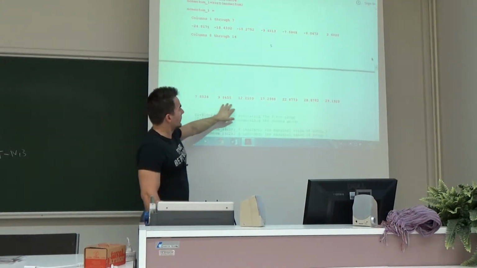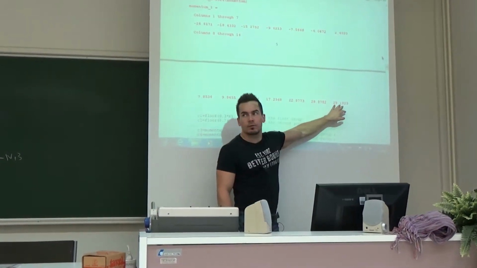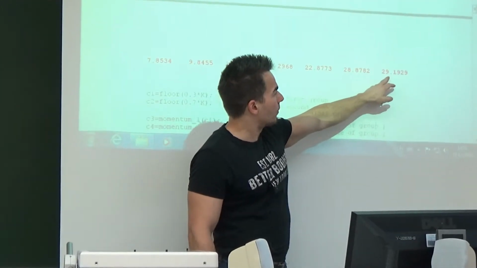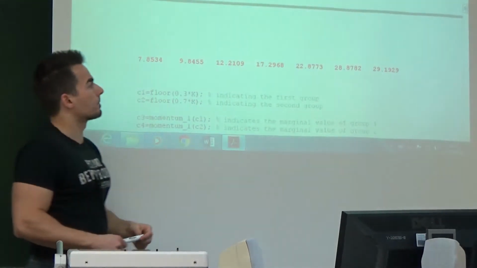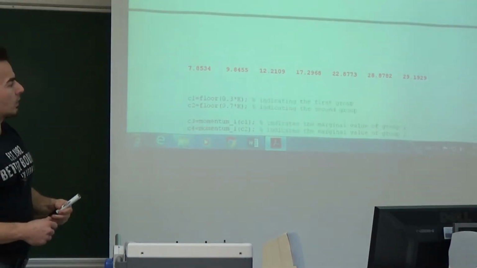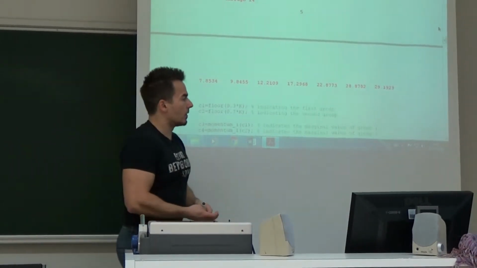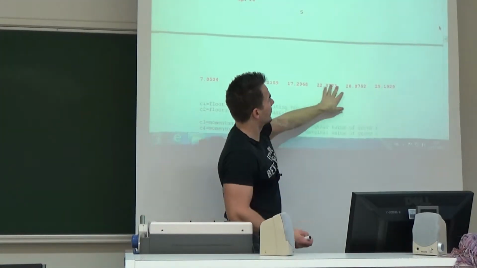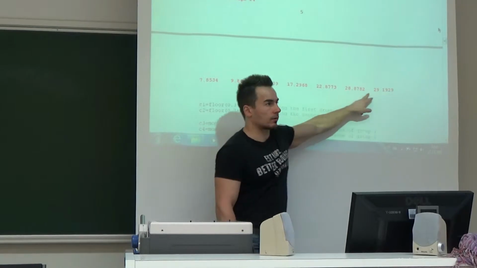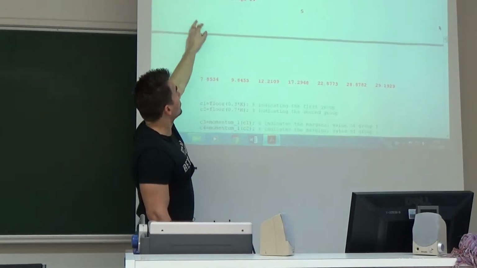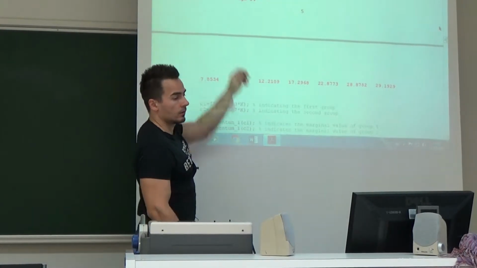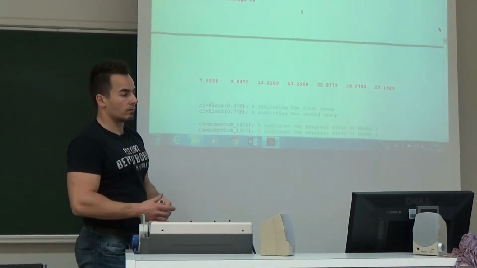And the stock that has the highest cumulative return in our sample period has a cumulative return of 29.19%. Now what you want to figure out is where are those stocks that have the highest cumulative return, which are at the end of this vector, and where are those stocks that have the lowest cumulative returns, which are at the beginning of this momentum underscore 1 vector.